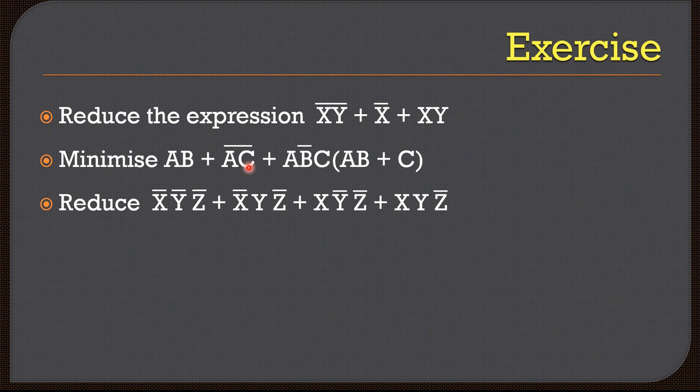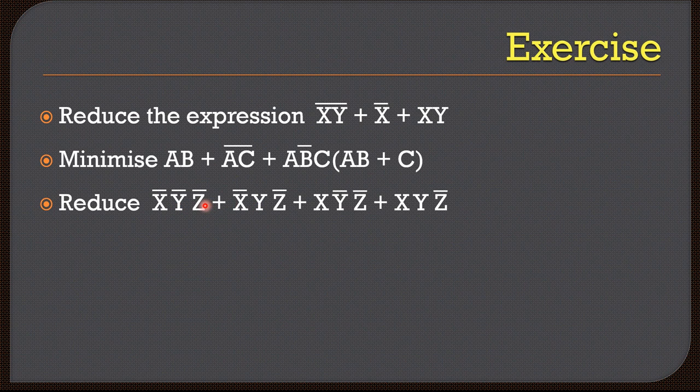And then finally, reduce X'Y'Z' + X'YZ' + XY'Z' + XYZ'. Here, not only the first two variables, you can also look at the remaining variables. You can see here X'Z' is common, while Y' and Y are different.